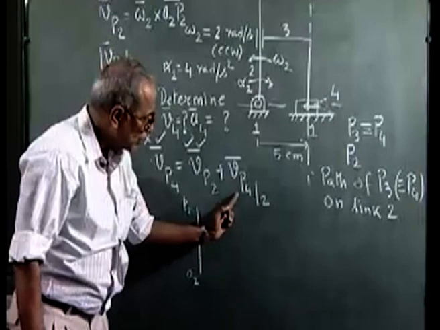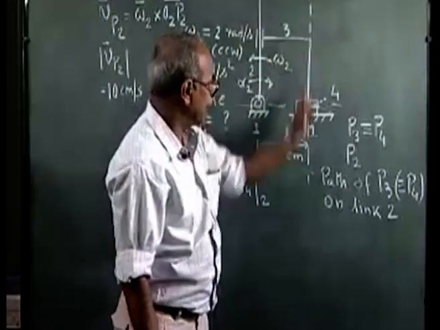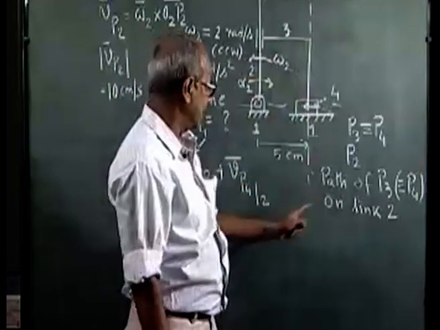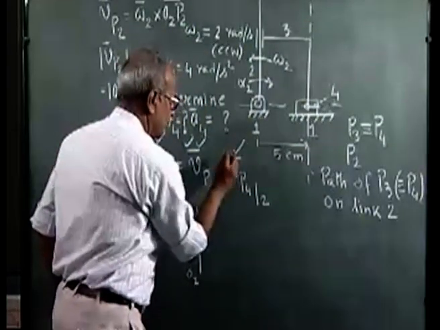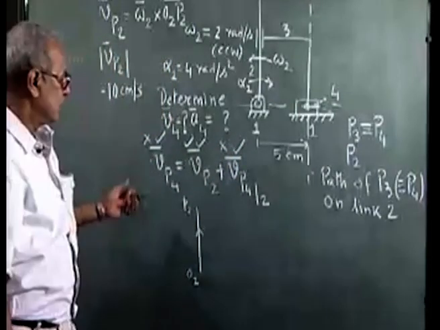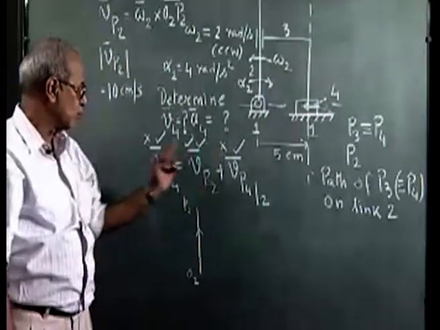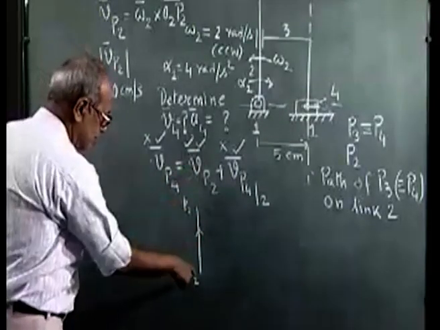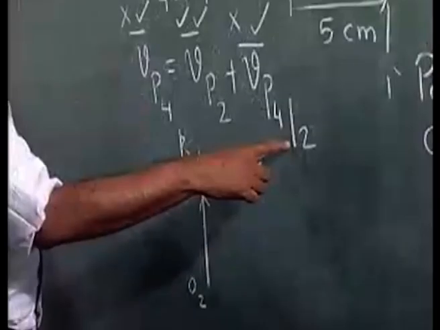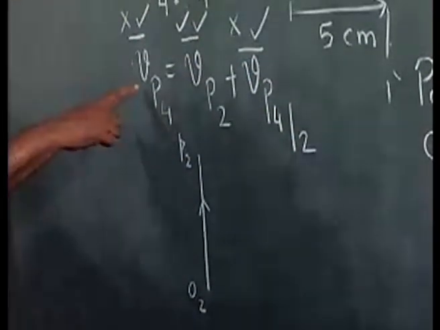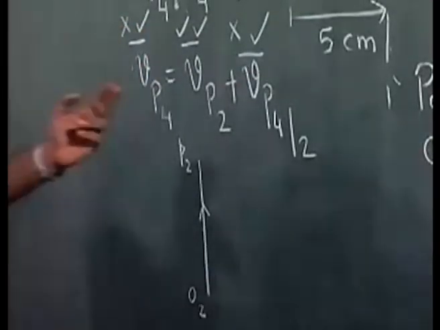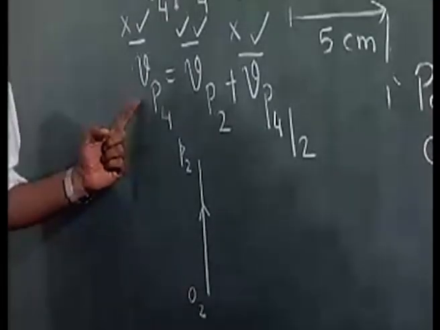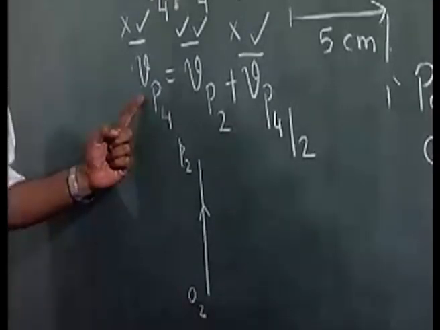Now what is the velocity of P4 on 2? Because the path is vertical, that means velocity which is tangential to the path must also be vertical. So I know the direction, but we do not know the magnitude. So again in this vector equation there are two unknowns, so I can draw it. I have already drawn Vp2 by O2 P2, and Vp4 on 2 is also vertical. But how about Vp4, which is horizontal? So two vertical vectors giving rise to a horizontal resultant vector implies that this vector must be of 0 length.